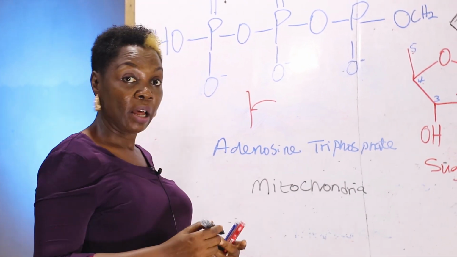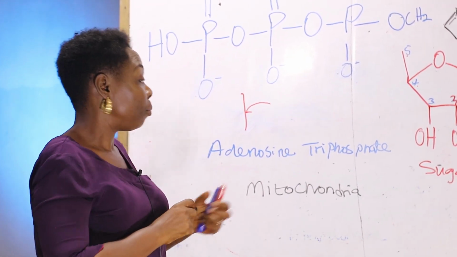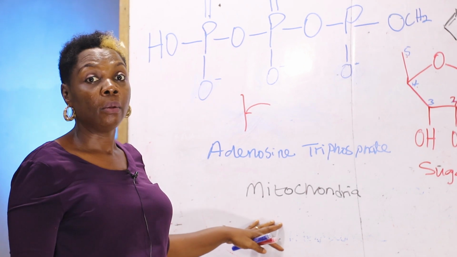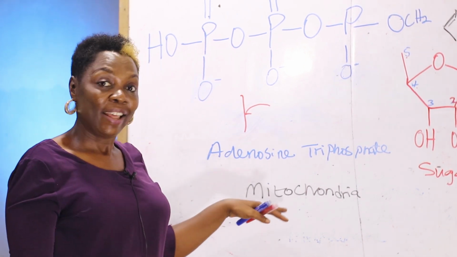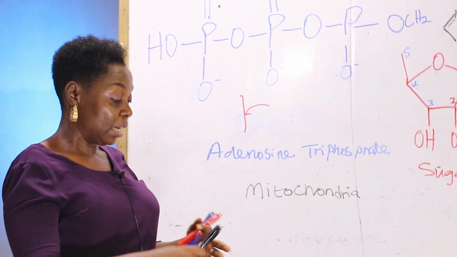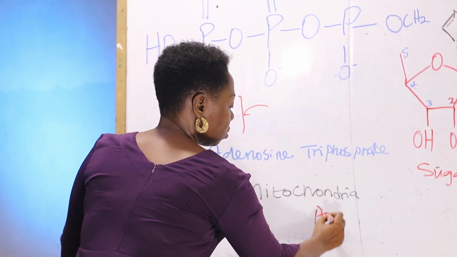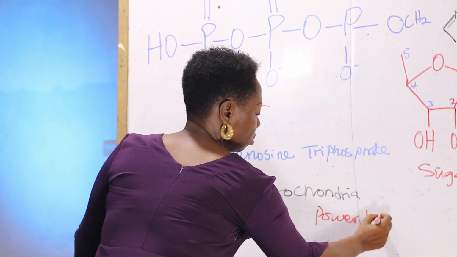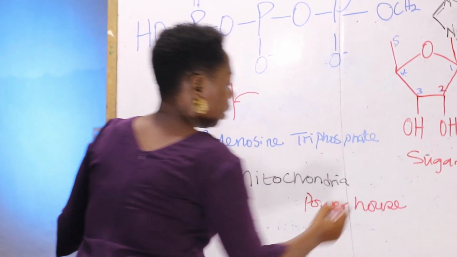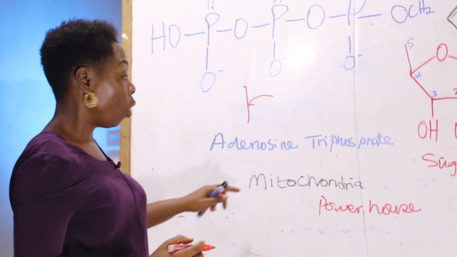The mitochondria. This is a very important cellular organelle because it is where ATP is synthesized, and that is why it is called the powerhouse of the cell.